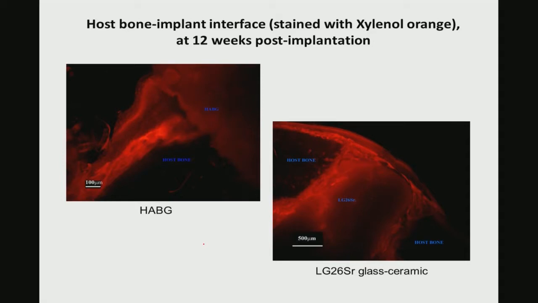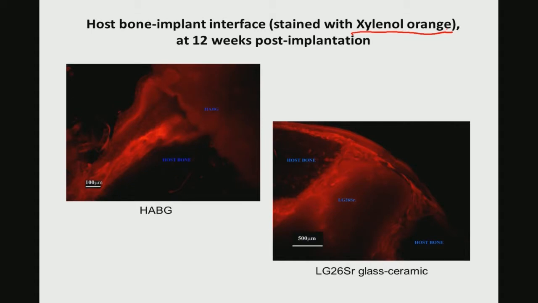Now, apart from histology, one of the things one can also do is to see the progression of bone formation in vivo. For that, veterinary surgeons can inject certain stains like xylenol orange during the post implantation period, not at the time of sacrifice, but before the time point of sacrifice.